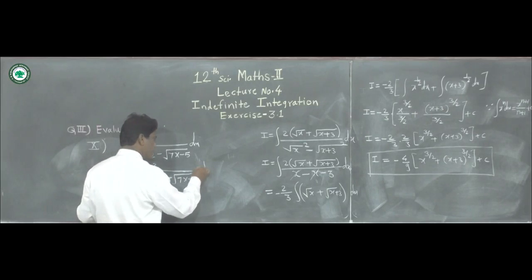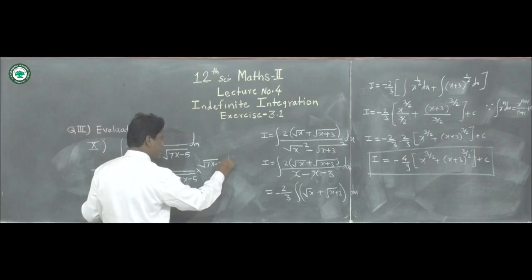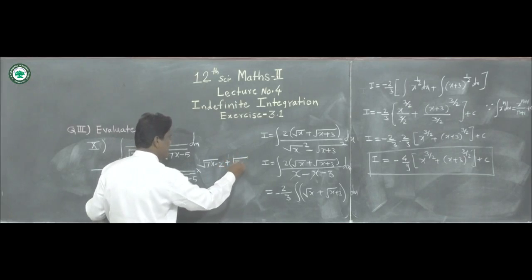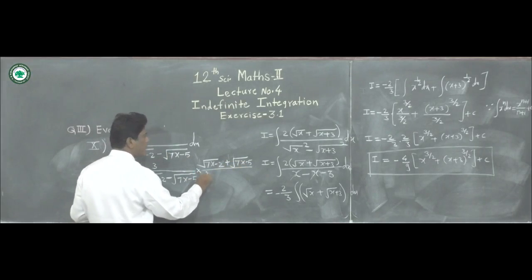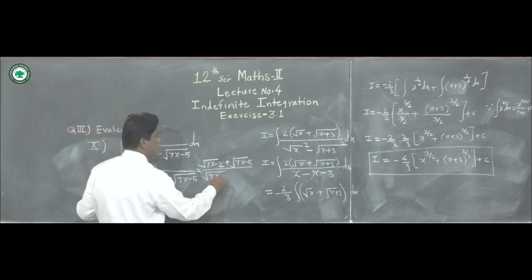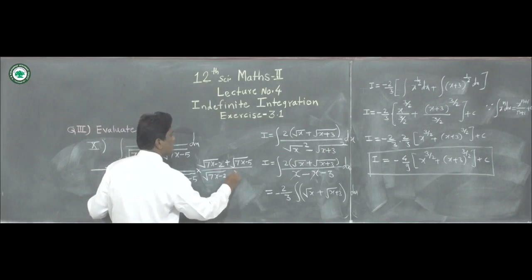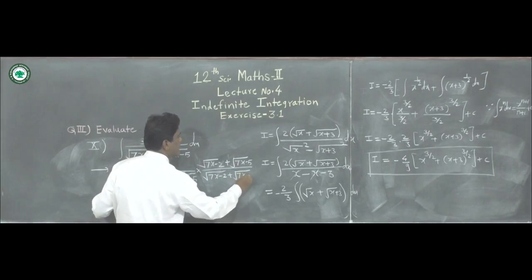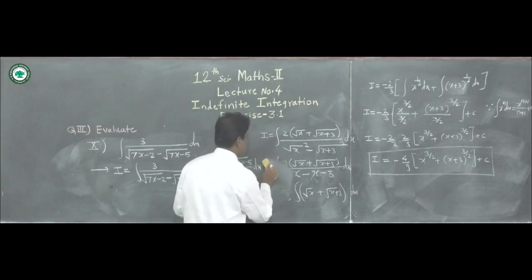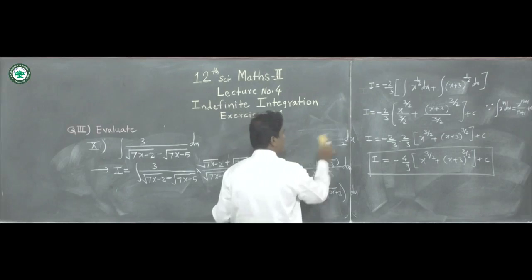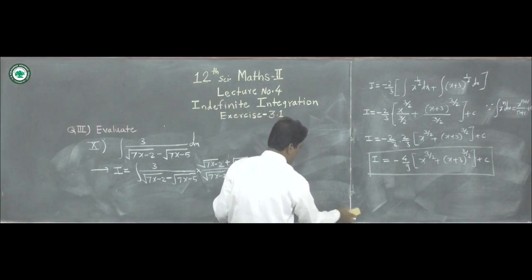So it is root of 7x minus 2 plus root of 7x minus 5 divided by root of 7x minus 2 plus root of 7x minus 5, and here dx. And now take the product of the numerator divided by the product of the denominator.